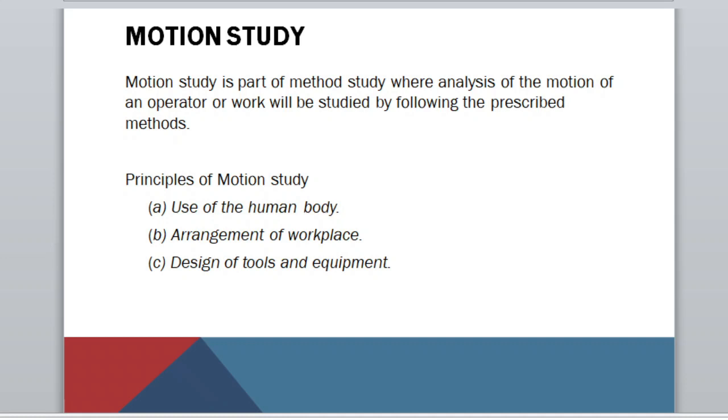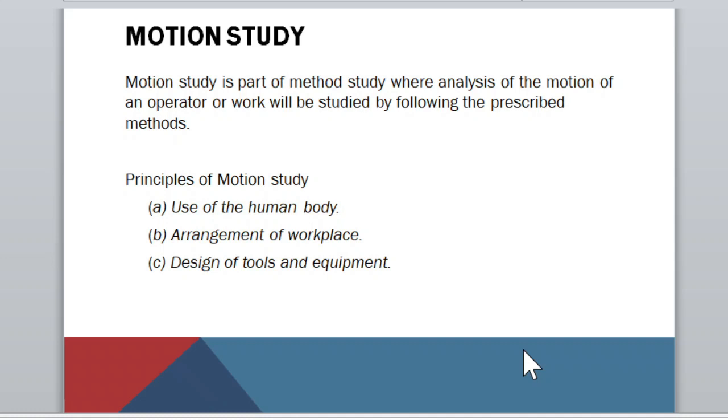Doing an action, movement. Okay, that's correct. So when we say motion, it talks about the movement of the worker. So we need to study the movement of the worker in the workplace.